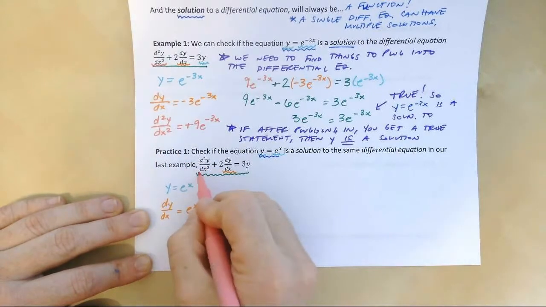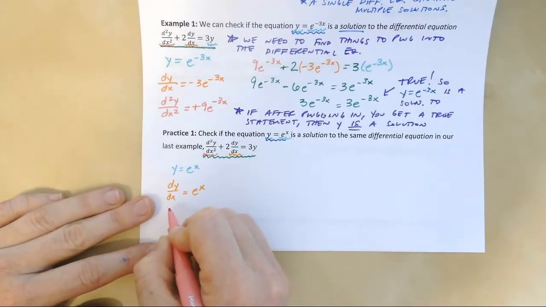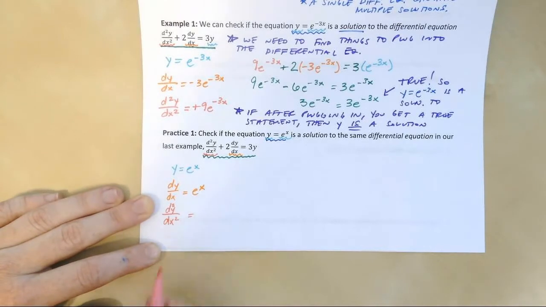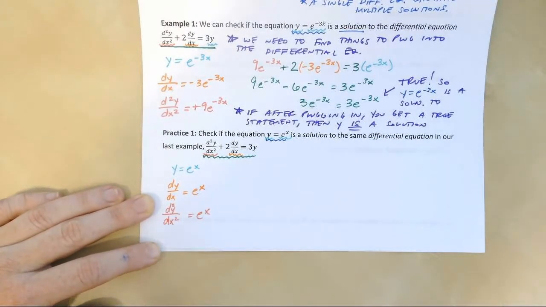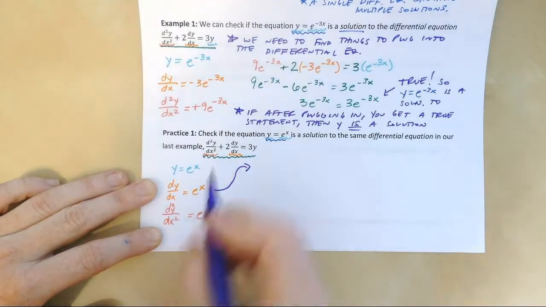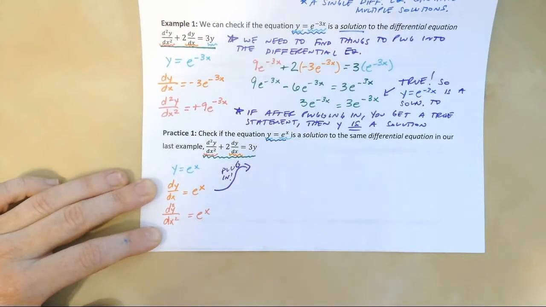We also have the second derivative of y. So let's take that. d squared y dx squared equals derivative of e to the x, which is e to the x again. Alright, cool. So now we can take all of these things and plug in. So we're going to plug into our original diff EQ.